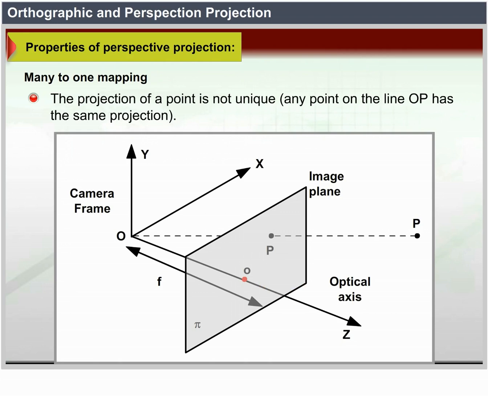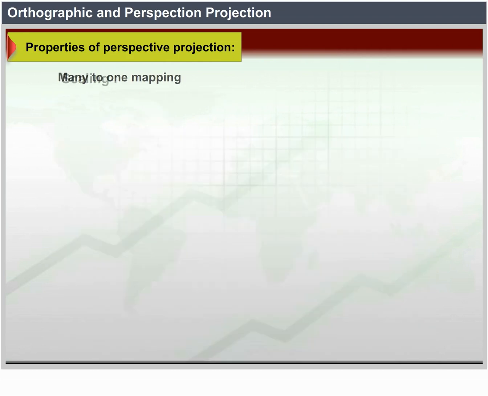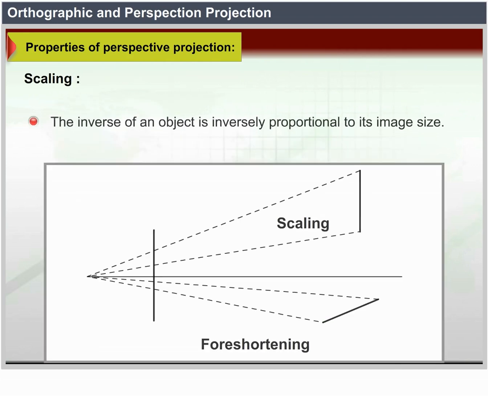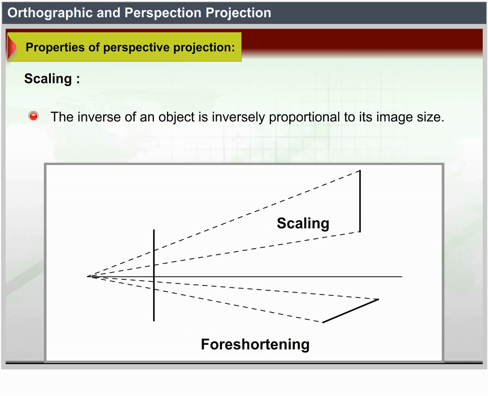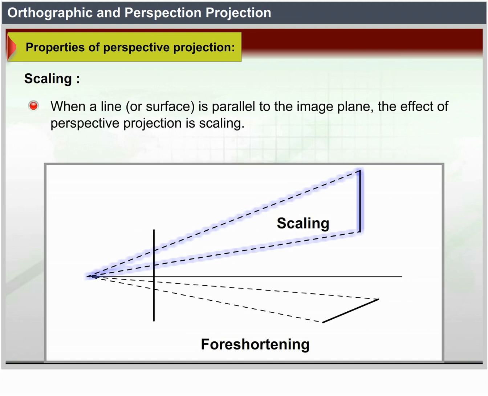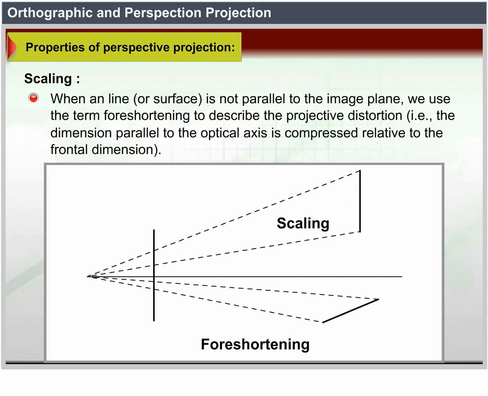Scaling. The size of an object is inversely proportional to its image size. When a line or surface is parallel to the image plane, the effect of perspective projection is scaling. When a line or surface is not parallel to the image plane, we use the term foreshortening to describe the projective distortion. That is, the dimension parallel to the optical axis is compressed relative to the frontal dimension.